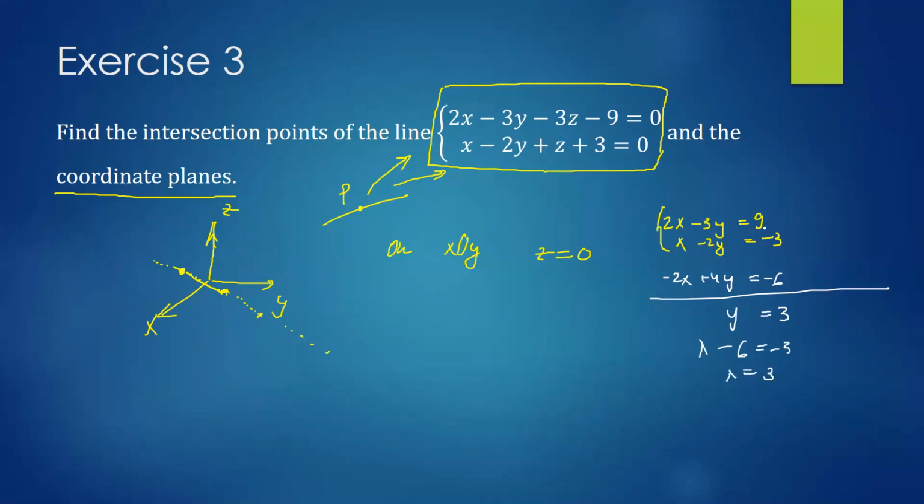Why did I get, no, it's not right. Where did I make a mistake? Somebody clever? -2x plus 4y equals -6. I multiplied by -2, so this was plus 6, right? That's where I made a mistake.